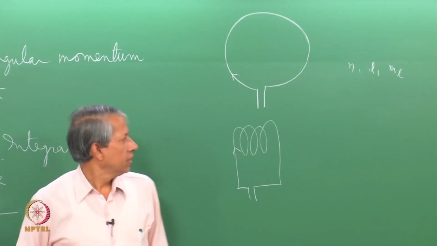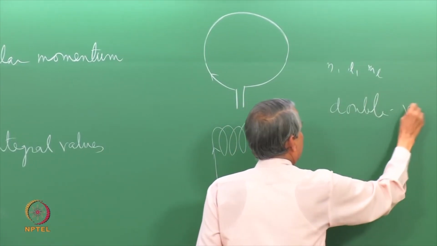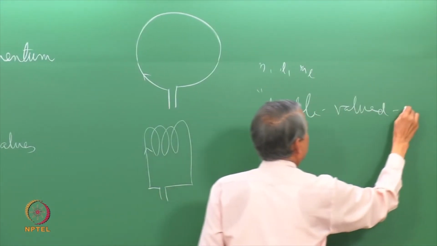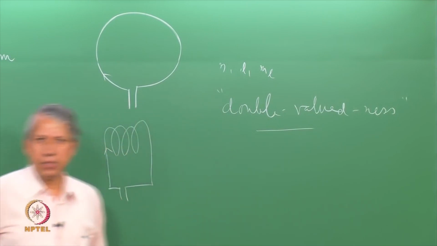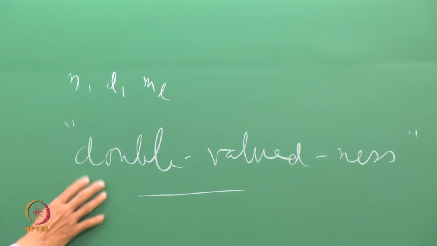So, this sort of double valuedness, if it is accepted, then many of these doublet spectral lines can be explained. Of course, now we know that this is nothing but the Pauli exclusion principle, that is what is in mind.